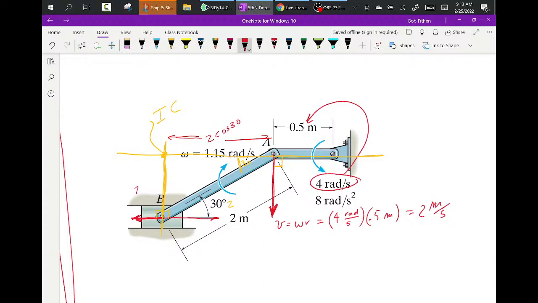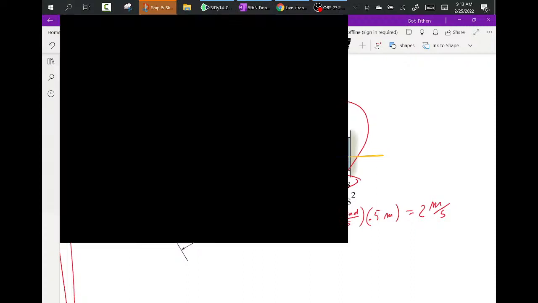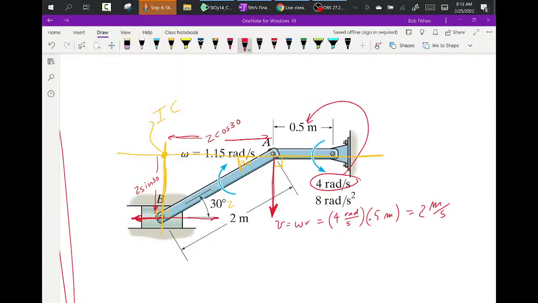This distance here becomes 2 sine of 30. So that will become 1, but I want to do it exact. Give me a second.